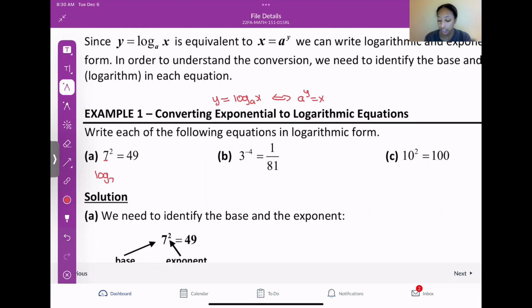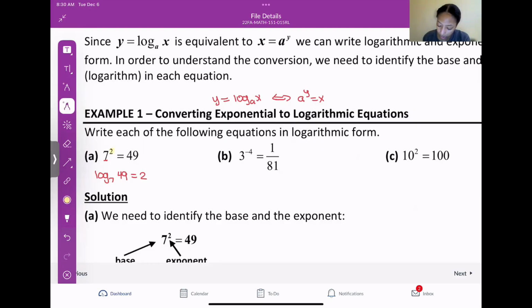All right, what's next? What are we taking the logarithm of? So there has to be some number here. Sometimes it's in parentheses, sometimes it's not. But there has to be some number here that we're taking the log of. This number is always going to be whatever your exponential function was equal to. So this would be 49. So I know my base, I know my output. What's the exponent? Our logarithm always, always, always equals the exponent. So in logarithmic form, this would be log base 7 of 49 equals 2.